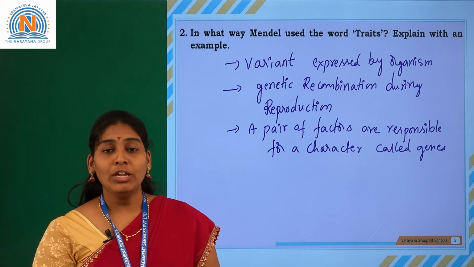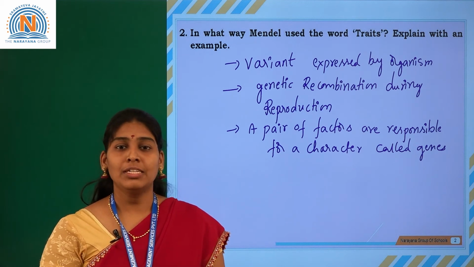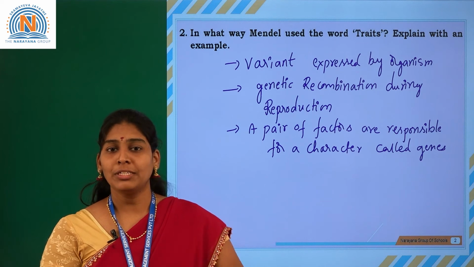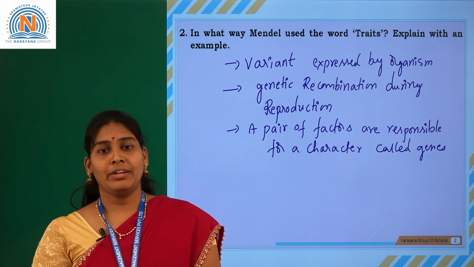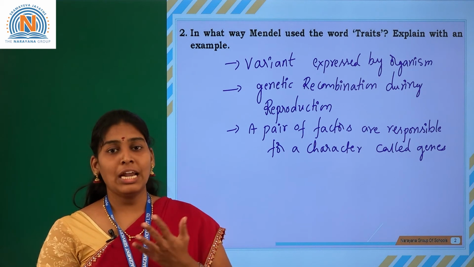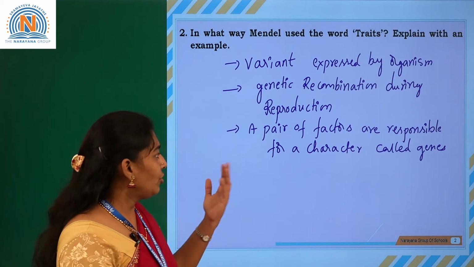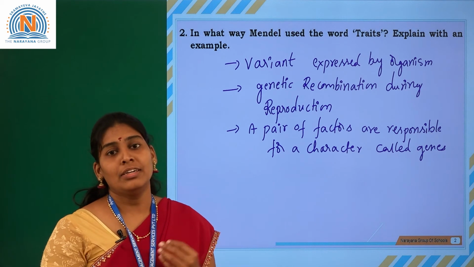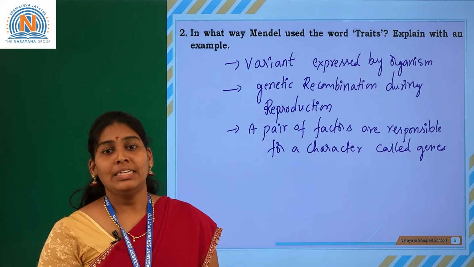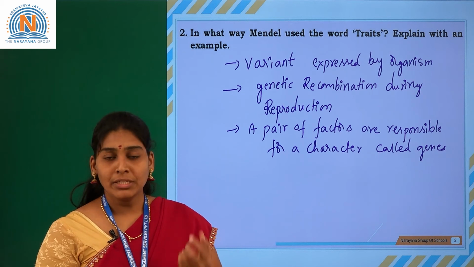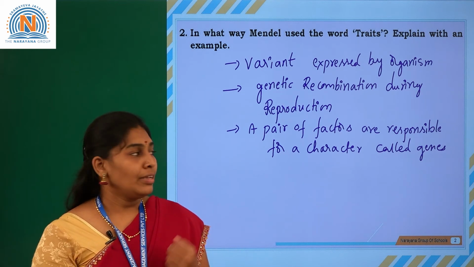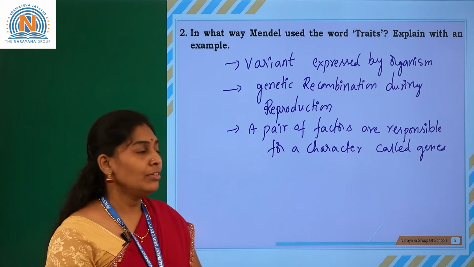So newly formed plants get some characters from the seeds, and the seeds get their characters from their parents. He assumed it that way. Generally, the trait indicates a character variant expressed by the organism in the form of genes.